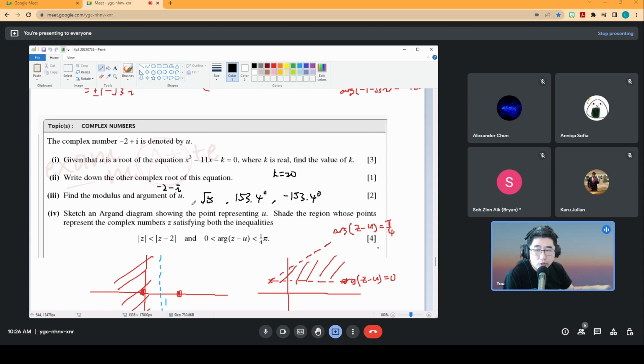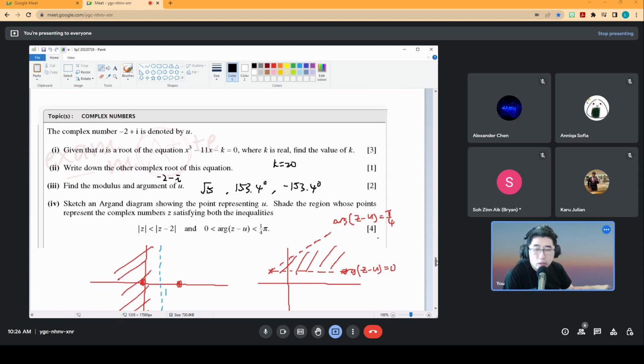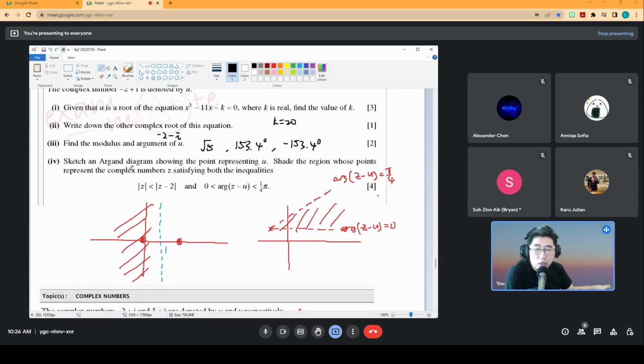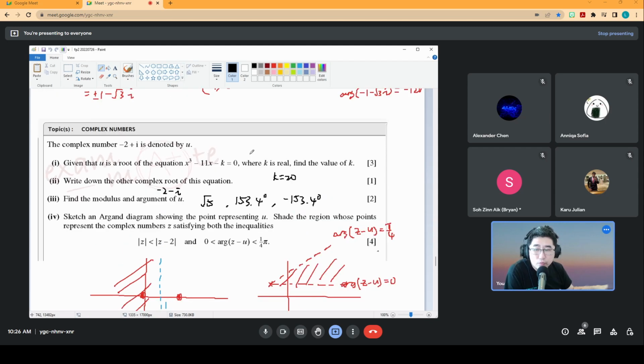Then find the modulus and argument of u. We have square root 5 and 153.4 degrees. Then sketch the Argand diagram representing u.